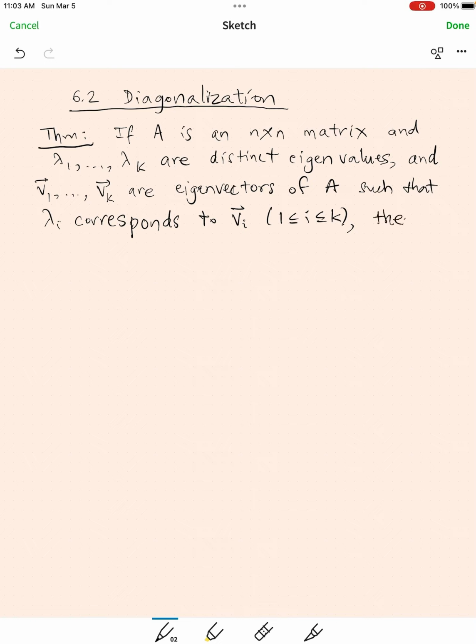Then the vectors v1 through vk are linearly independent. So then this set v1 through vk is linearly independent.